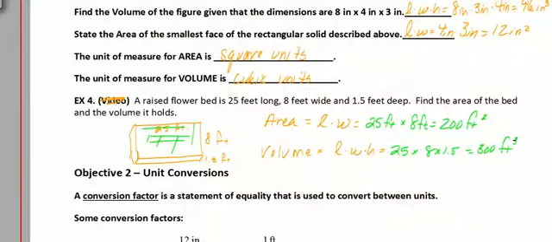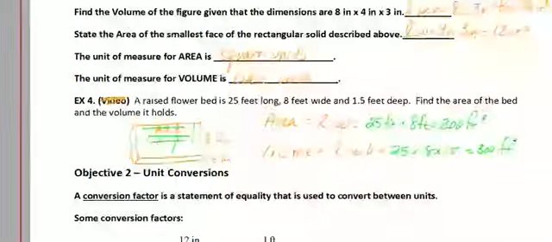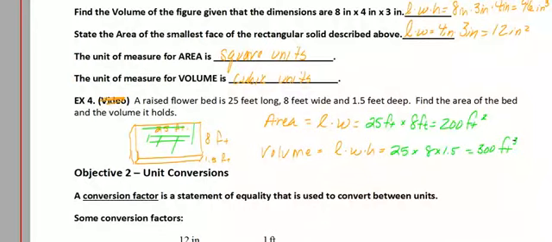Think about this. This is a problem that someone who is interested in gardening might come across, where they're working on a flower bed or a garden area. They need to fill this with soil. And so I would need to know the volume of that particular bed to determine how much soil or compost or whatever it is that I wanted to put into it.